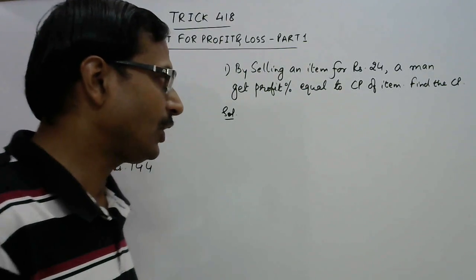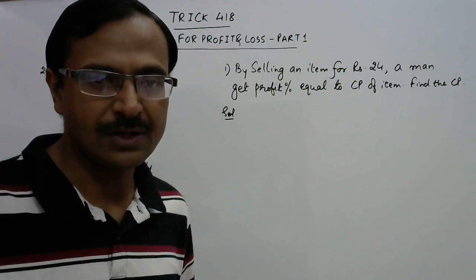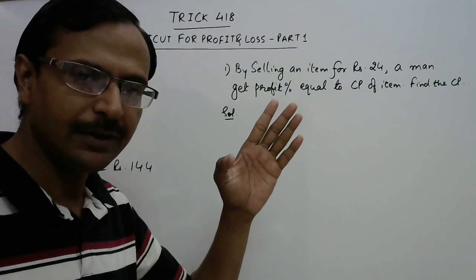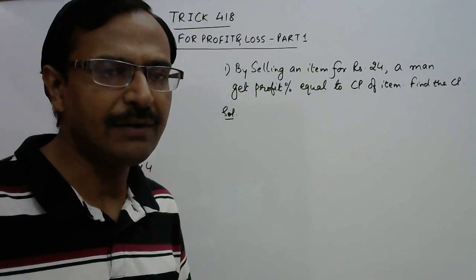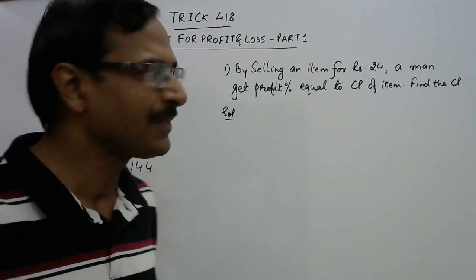In competitive exams, traditional methods are hardly used because they consume a lot of time. So we are going to solve this using a shortcut and try to solve this question in just 5 to 6 seconds time, that too without use of pen and paper.